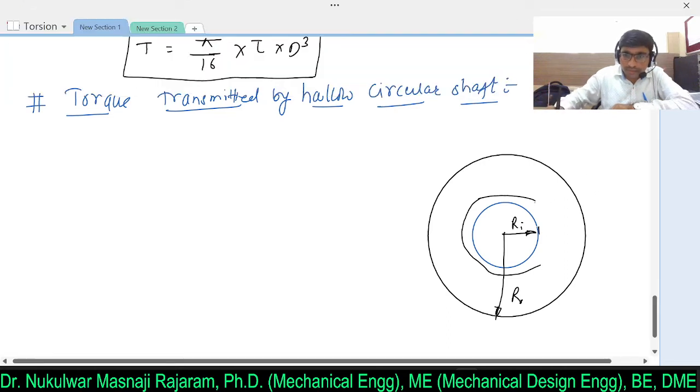Consider this is also circular. And the radius of the circular elementary strip is at a distance of r. Clear? Having some thickness. Okay, so this is the thickness.